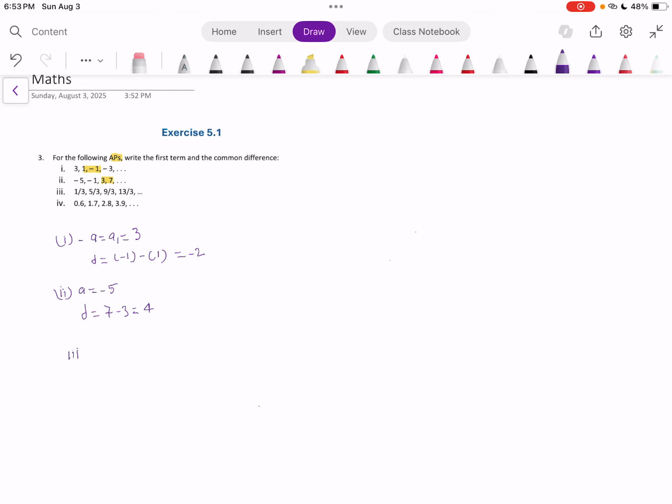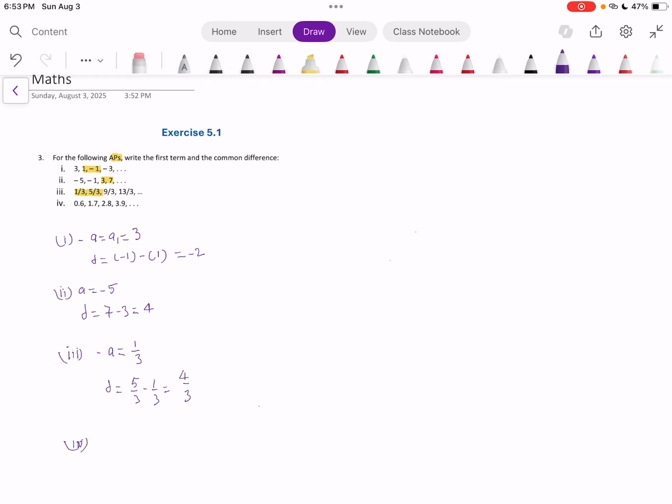For the third question, the first term is going to be 1 over 3, and the difference, let's say we'll find the difference between the first and the second term. So 5 over 3 minus 1 over 3 is going to be 4 over 3.